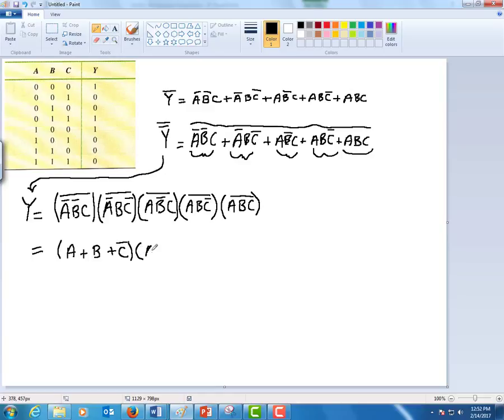Let's do this one. Now, this is going to be this one, isn't it? This would be inverted, right? Let's try this one. It's this one right here, right? This term. Well, in this case, A and C are going to be inverted. But B was inverted. You don't have to invert it, and you don't have to invert the output, right?